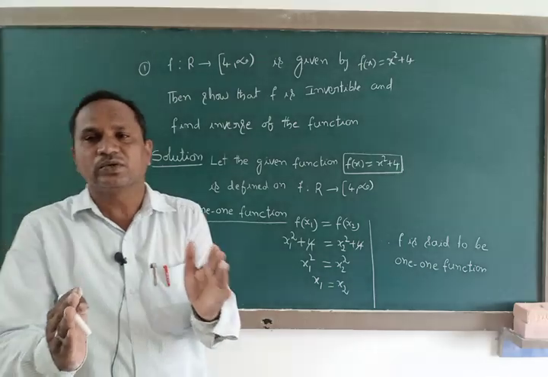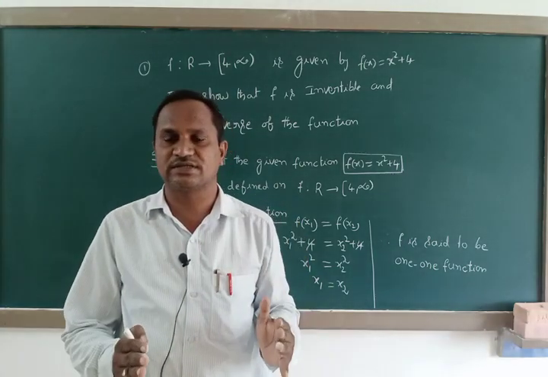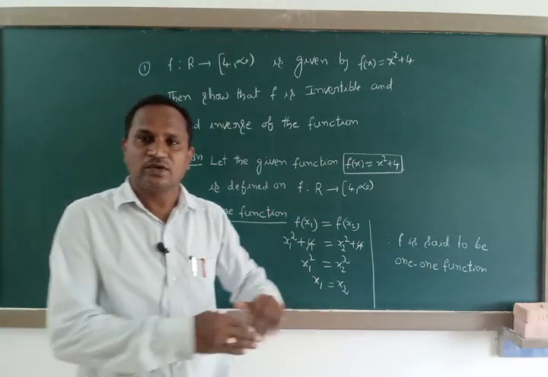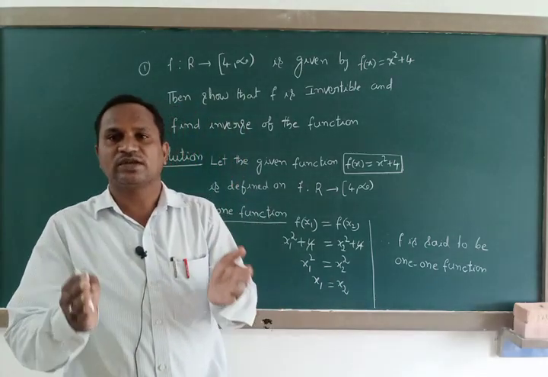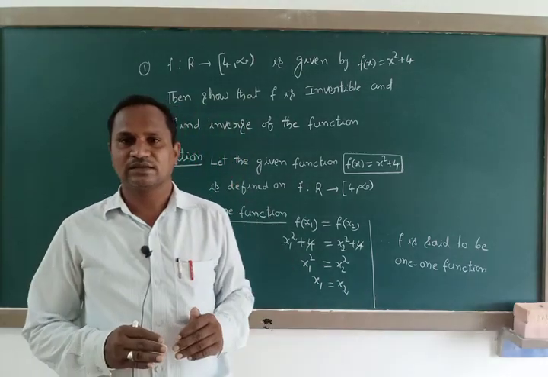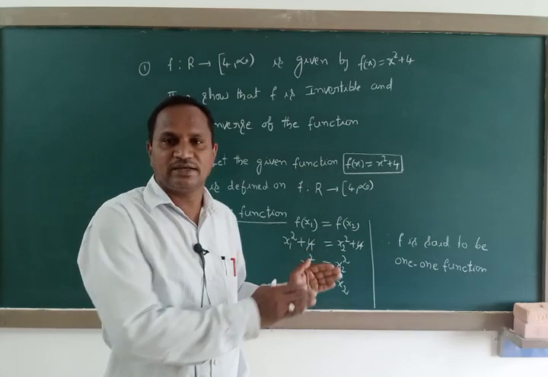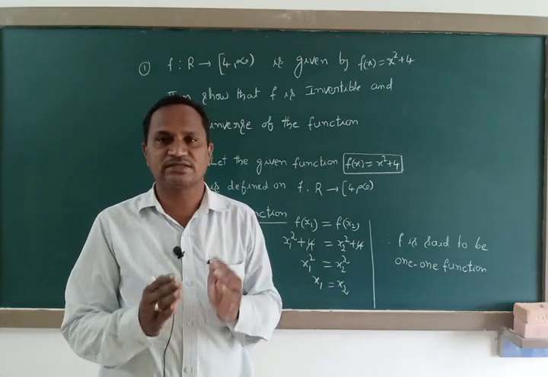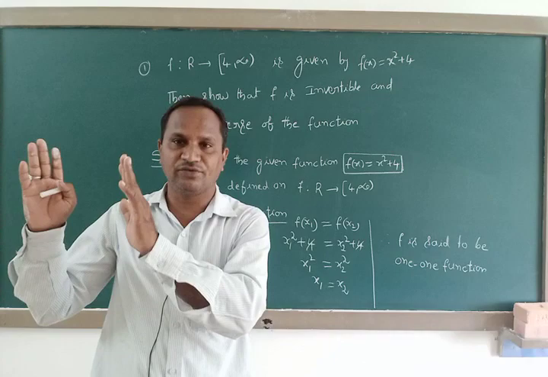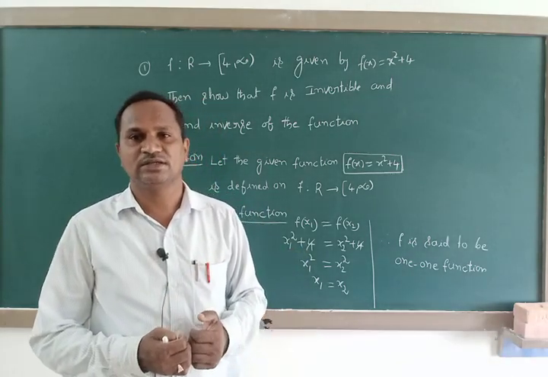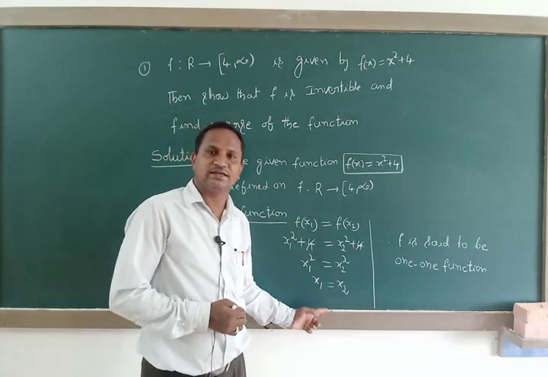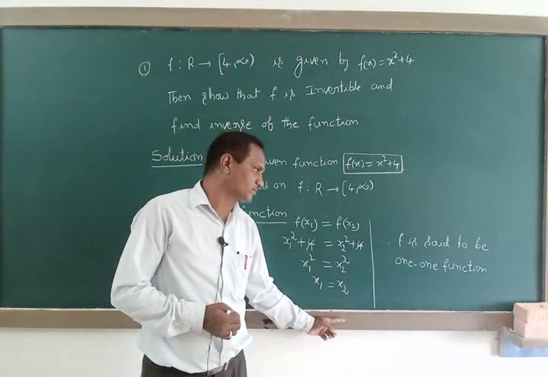So you get only positive numbers. That's why we neglect the negative numbers and write x1 is equal to x2 here.